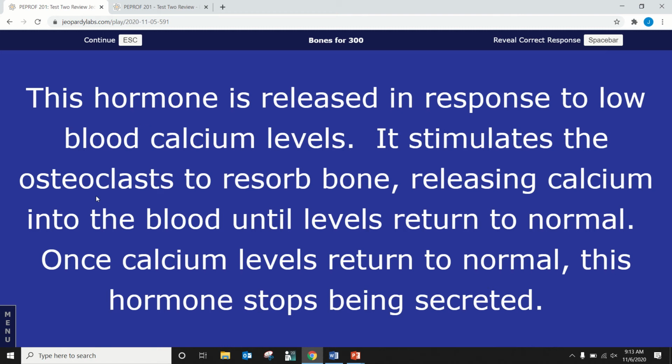It keeps our blood calcium levels within normal limits if they fall too low. Jack, any ideas? Parathyroid hormone is what I'm fishing for here. So parathyroid hormone is secreted from a gland in the neck, and that is going to stimulate the osteoclasts to break down bone and release calcium. So parathyroid hormone, or PTH.